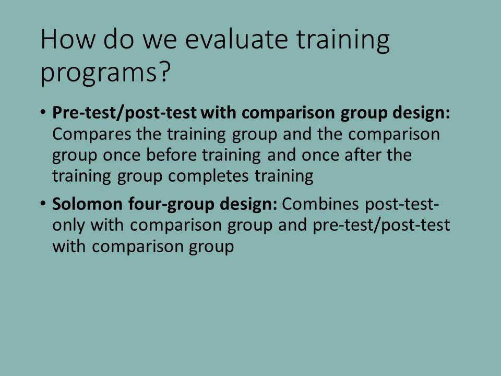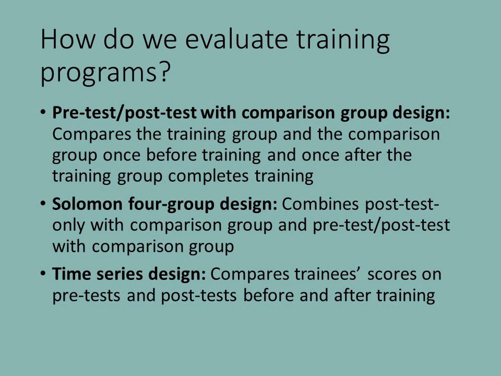In exchange for the time and money it takes to implement this complex design, we can be more confident that the results are reliable and valid. This design can assess whether change occurred and whether training caused it.